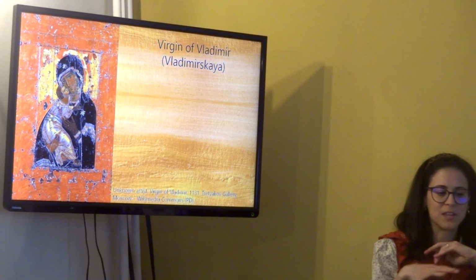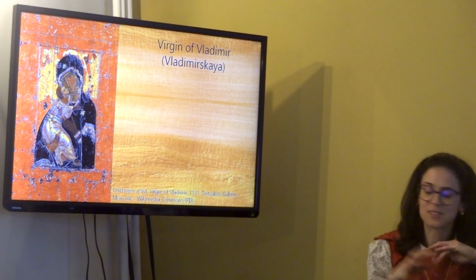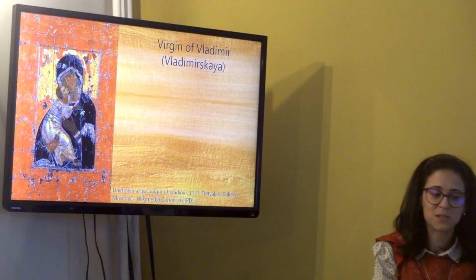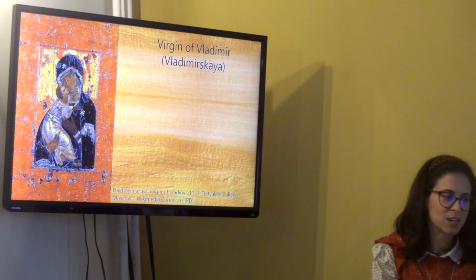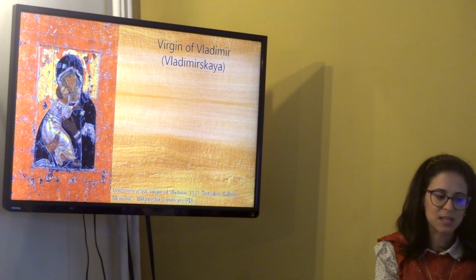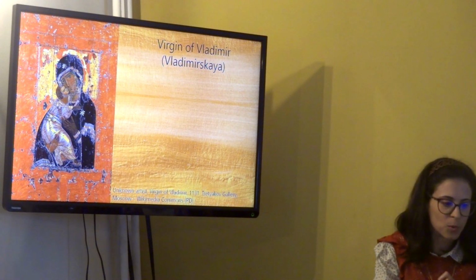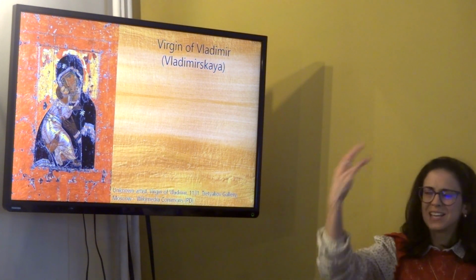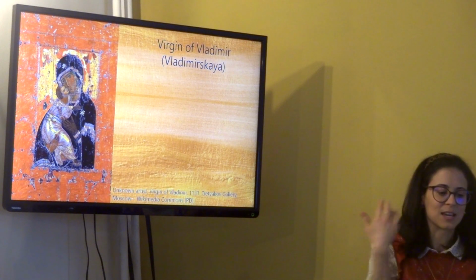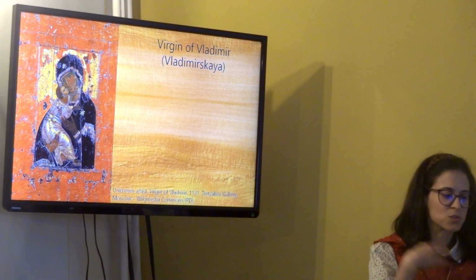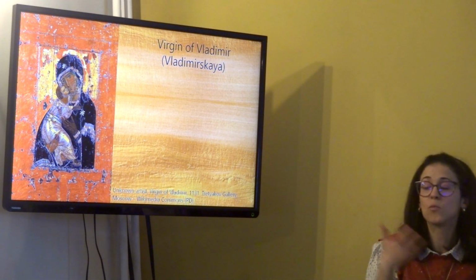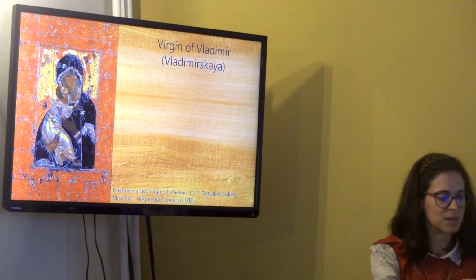One of the most well-known Eleousas in Russia is the Virgin of Vladimir, the patron saint of Russia, and it is a Byzantine image made in Constantinople. The story goes, it was taken to Kiev as a gift, and then it was transferred to the Assumption Cathedral in Vladimir, where it got its name, basically.